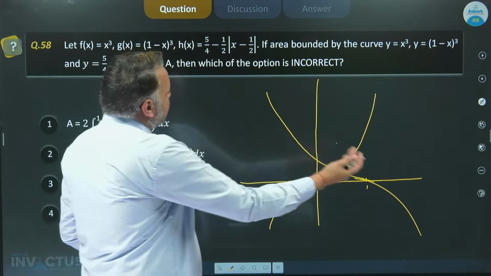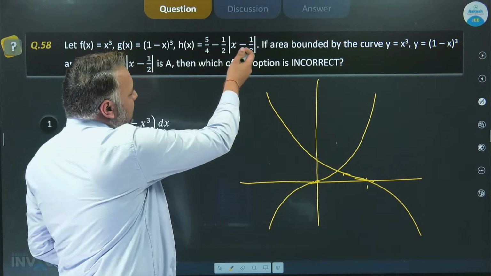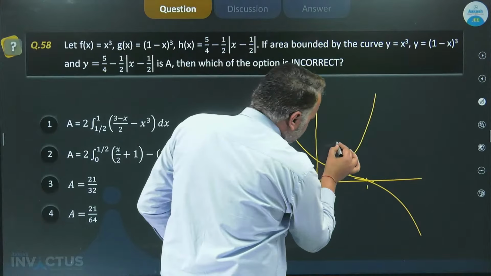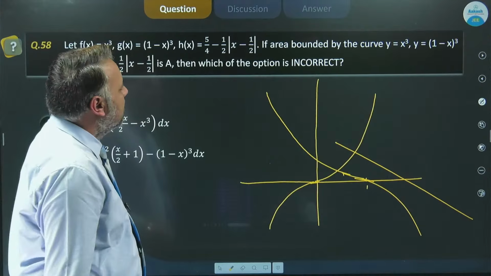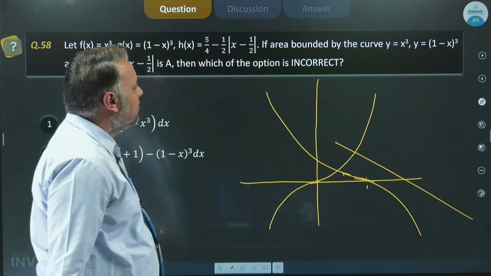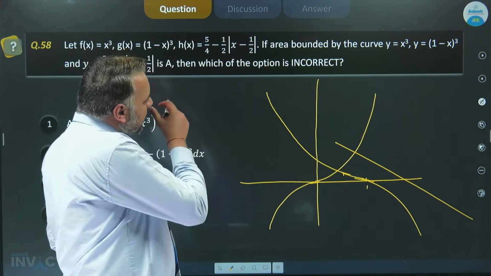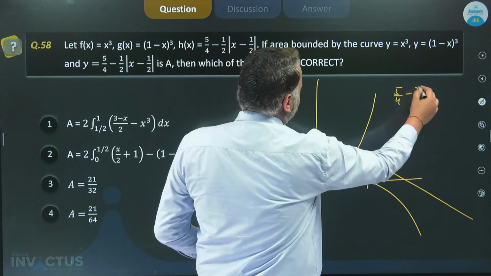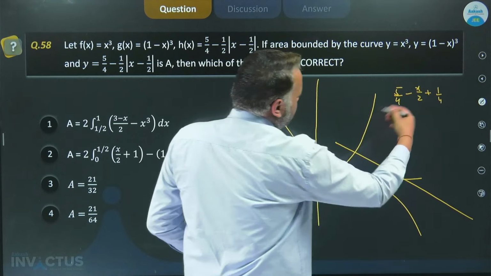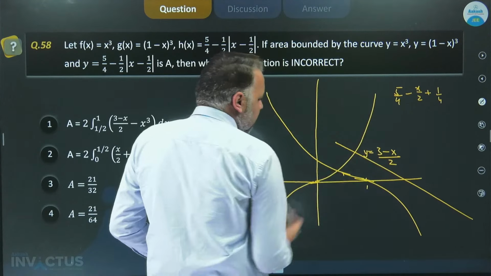So if we plot this graph hx when x is greater than half, it will be something like this. You can check it. You can break the mod with positive sign only. So you can write it as 5/4 minus x/2 and plus 1/4. So this is nothing but 3/2 minus x/2, or 3 minus x divided by 2. This is hx.